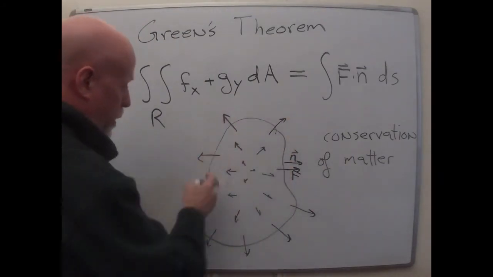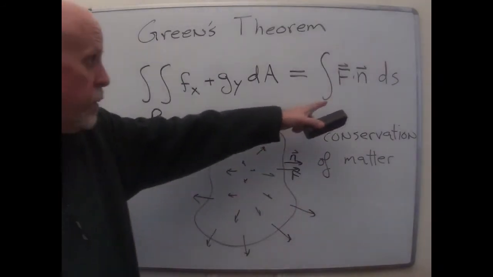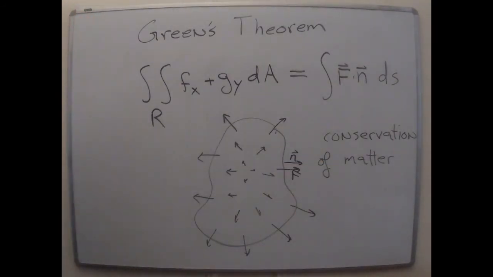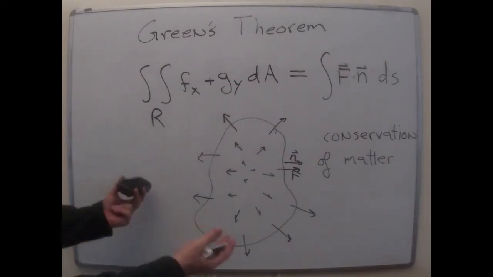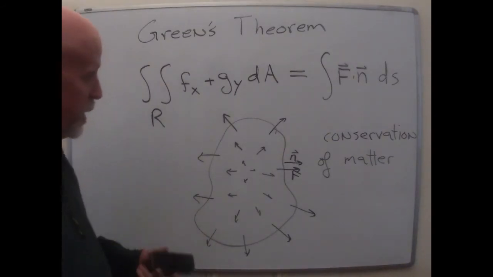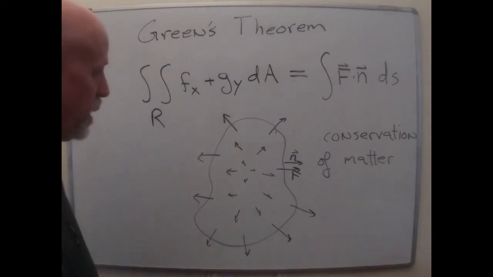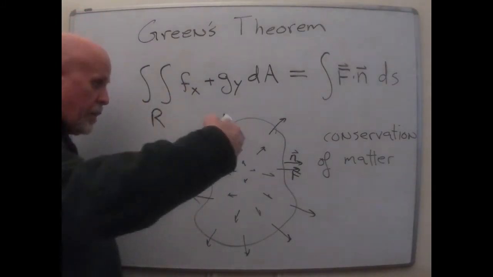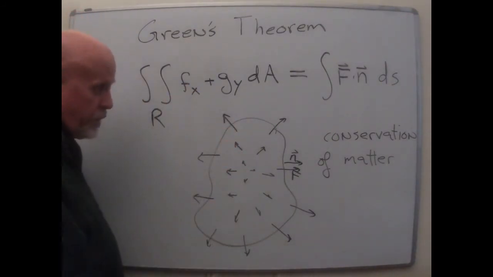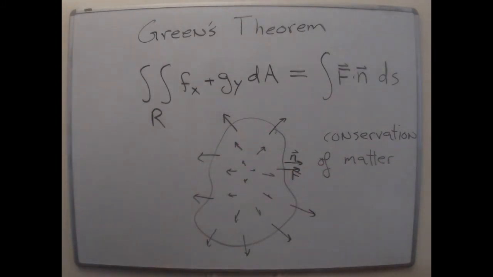Then you integrate around the boundary and you add up a whole bunch of positive things. You get a lot of stuff there. So clearly matter is not being conserved, or else matter is conserved and we're just not aware of where it's coming from. There must be a pipe coming in from above that's delivering water to this area so that it can begin flowing outward the way it's shown here.